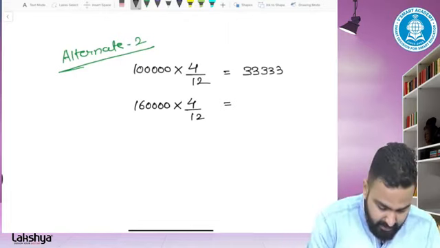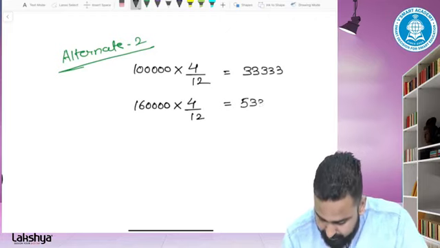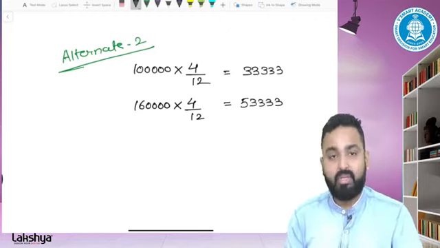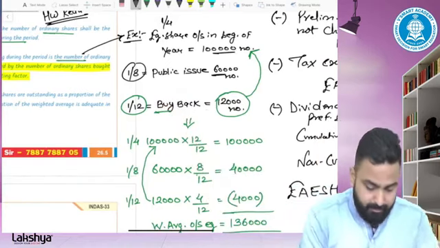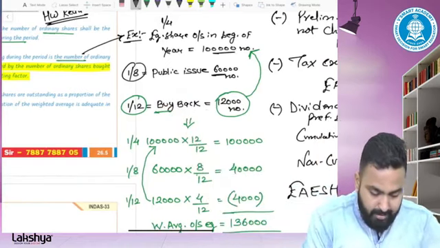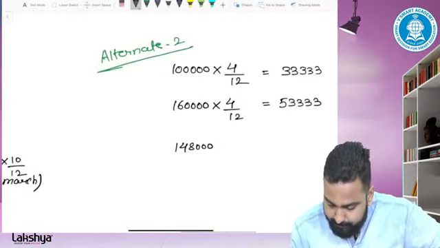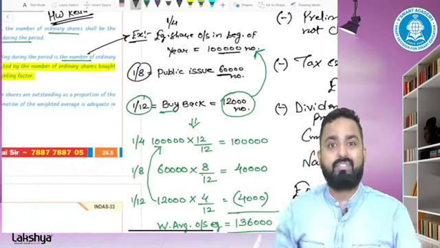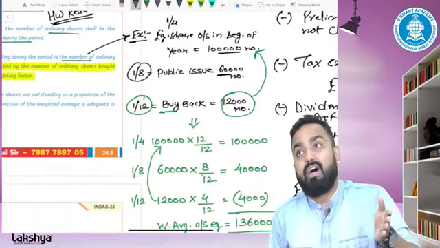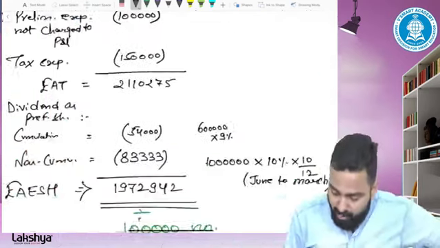So 160 into 4 divided by 12 is 53,333. And after that, we bought back 12,000, so it becomes 148. And 148 shares were outstanding from December, January, February, March for 4 months.